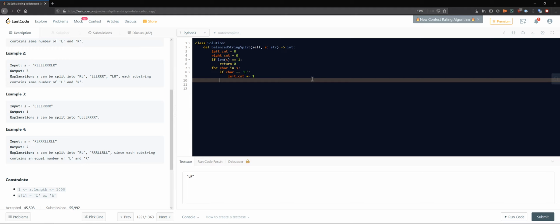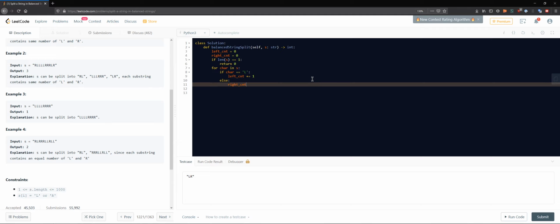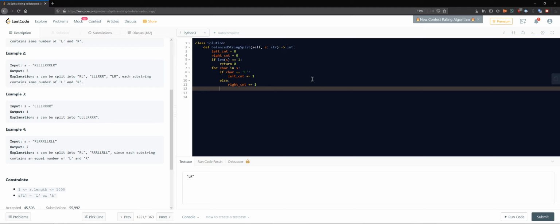They say the characters are either L or R, right? So we can basically do this. Right counter plus equals 1, and after we update that, for each char we look at if left counter equals right counter.